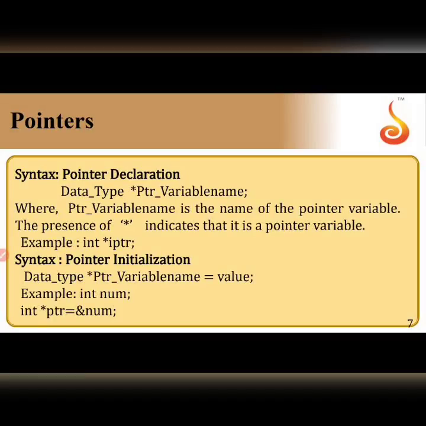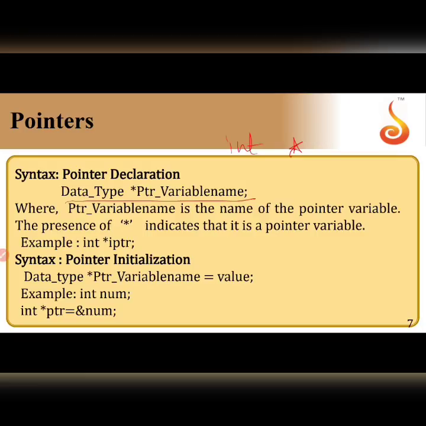Now we'll do the pointer declaration. So how do I declare a pointer? This is the general syntax of declaring a pointer. That is the data type. For example, if I say int, integer, star, without star it becomes a normal variable. With star, it's a pointer variable.